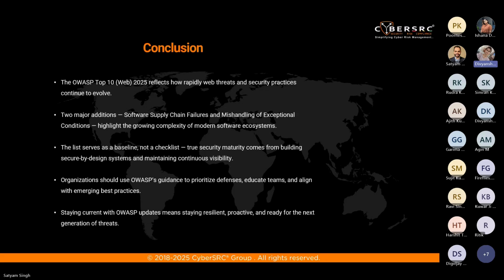Next, the OWASP Top 10 is a baseline, not a full checklist. As I told you previously, organizations should use OWASP guidance to strengthen defenses, educate development and security teams, and stay aligned with emerging best practices. And finally, staying current with OWASP updates helps you remain resilient and proactive.